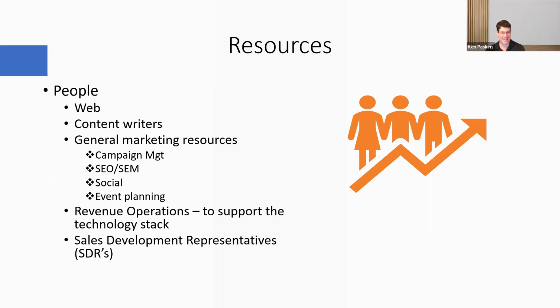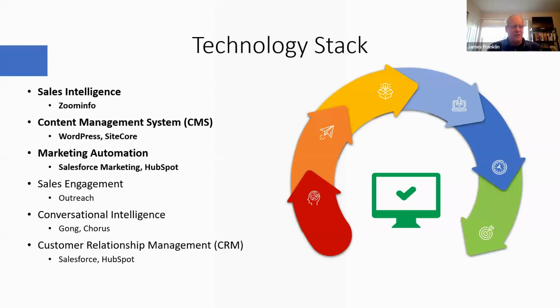Okay, thank you. So there are some great technology components out there. For the marketing perspective, the sales intelligence, I would call that ZoomInfo, right? You've got your content management system for all your web content, WordPress, Sitecore. There's a handful of those, and then marketing automation, Salesforce Marketing, HubSpot.